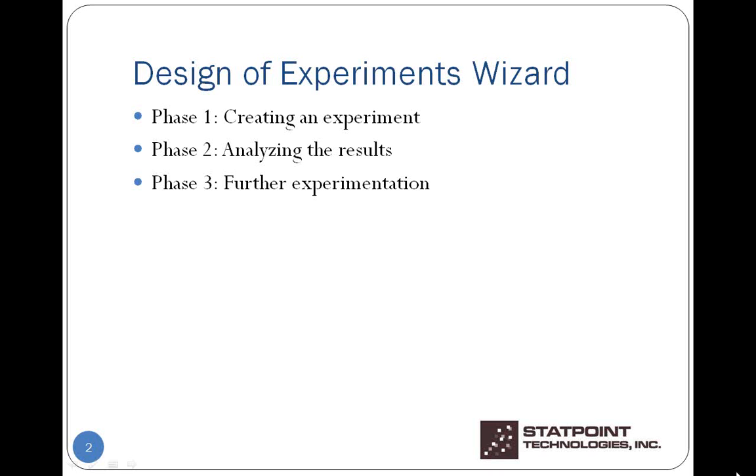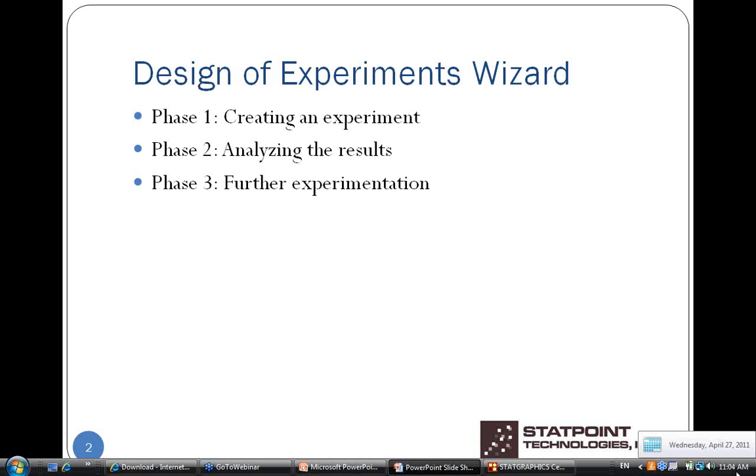But before version 16, you needed to go to several different menu items in the proper sequence to go through the entire process. What we did in version 16 was to develop a wizard with a special toolbar which tried to bring together all of the pieces of the experimental design process so that you could stay in one place and just sequentially go through the basic process of DOE.